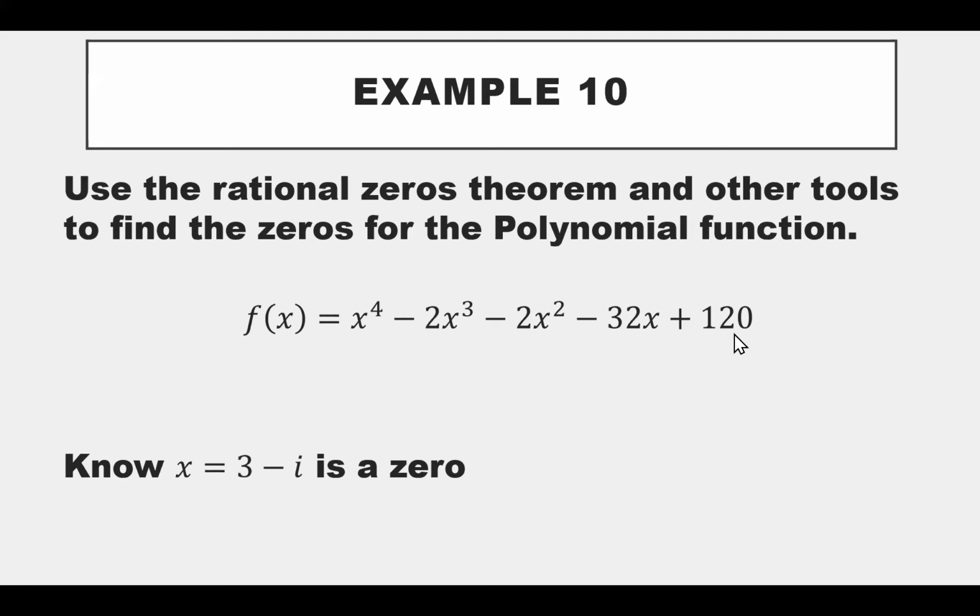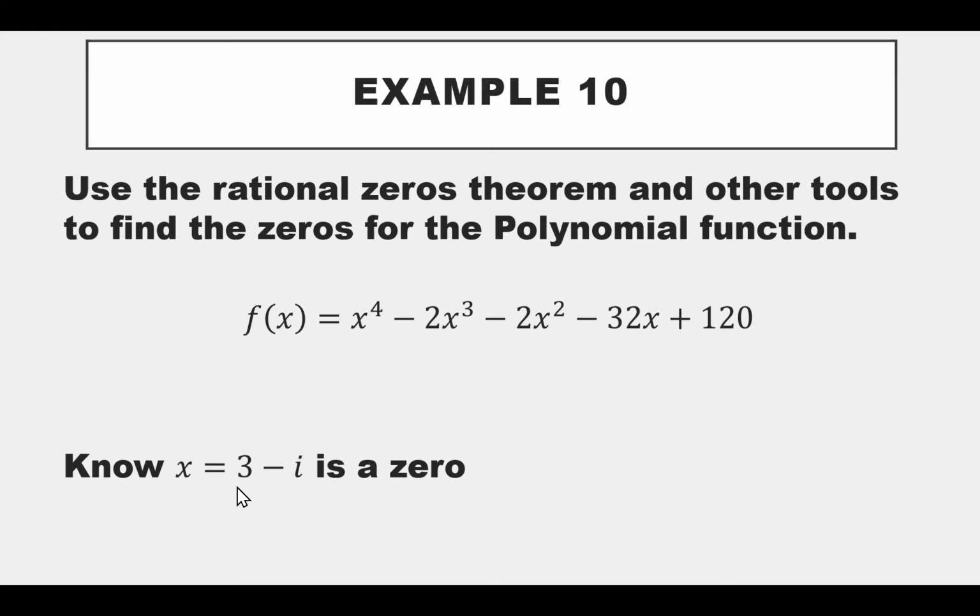We'd have 120, -120, 60, -60, 40, -40, 30, -30, 20, -20. We have lots and lots of options, okay? It turns out if you went through all of those options, this has no rational zeros. So we'd be kind of stuck if we did the rational zeros theorem with this one.